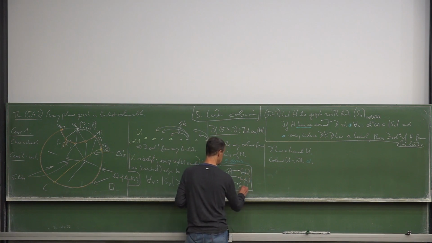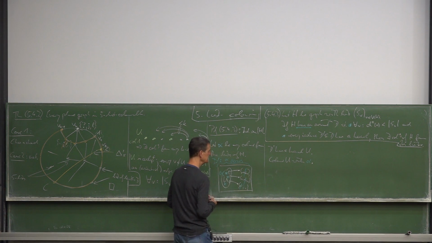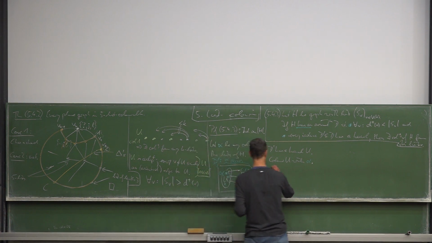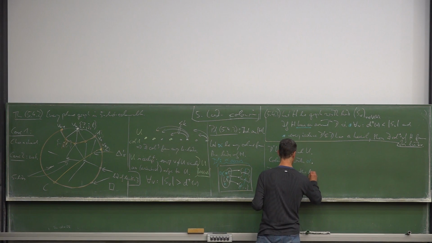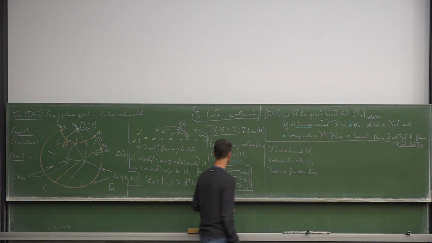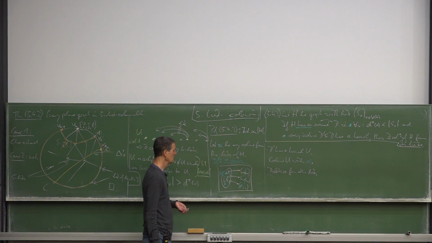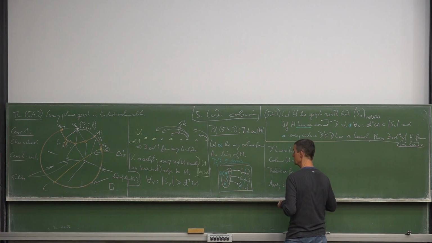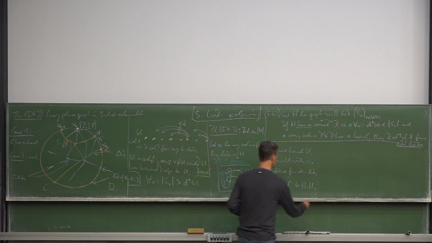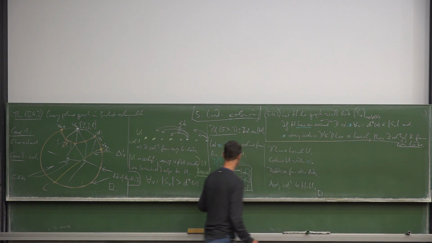And then delete alpha from other lists. Apply induction to H minus U. And that's it. So we delete U.